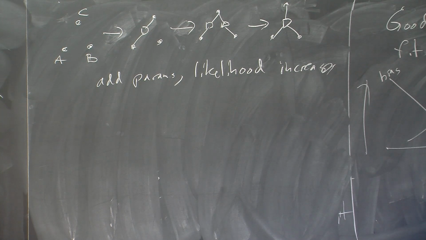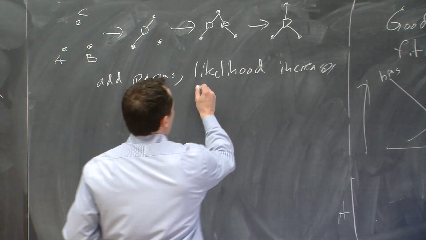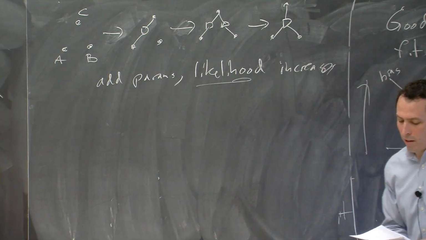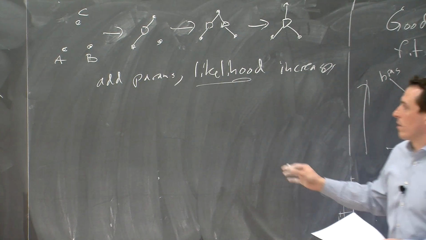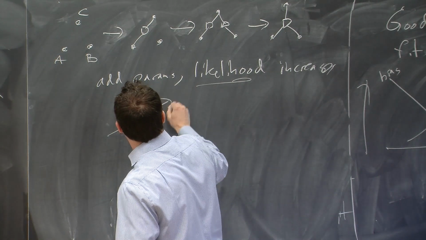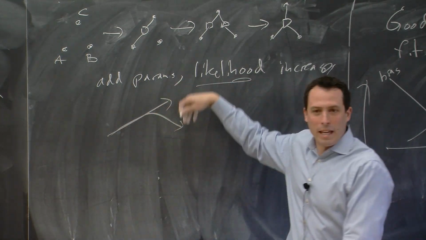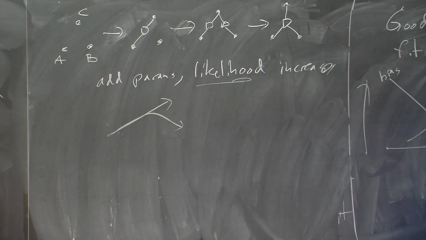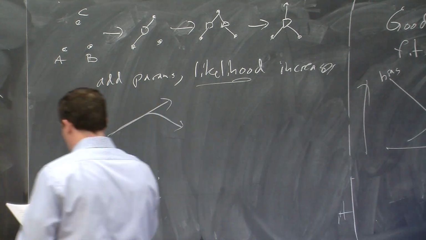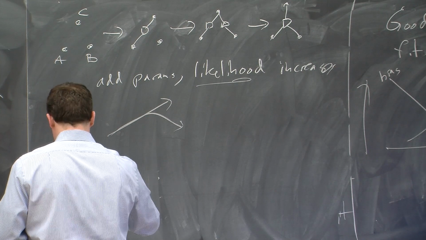And so one simple way to fix this or penalize the complexity is to adjust the likelihood itself so that it'll eventually decrease. So the likelihood is going up, up, up as I add complexity. Let's add some other penalty function so that makes it go down when the complexity gets too big. Okay. So the idea is, we have a log likelihood.